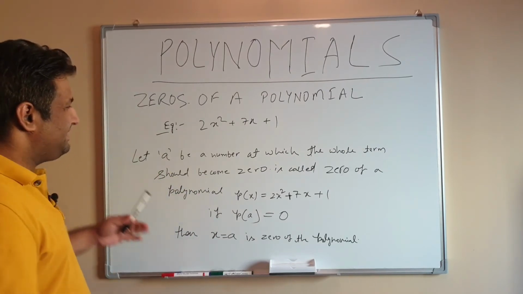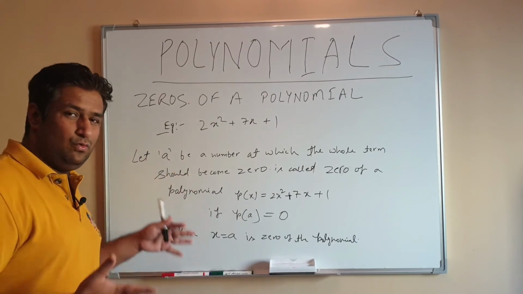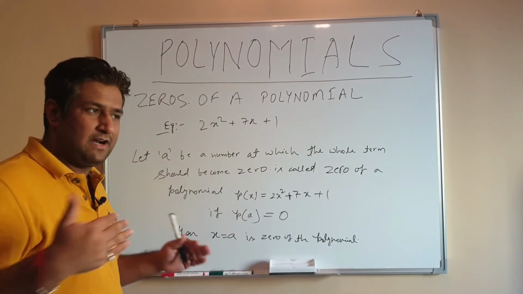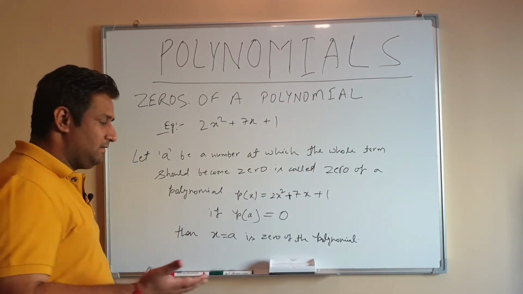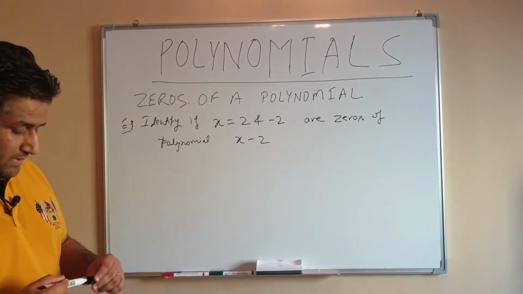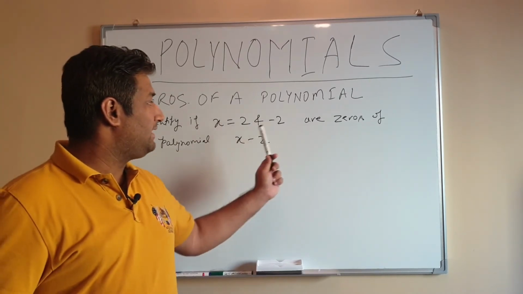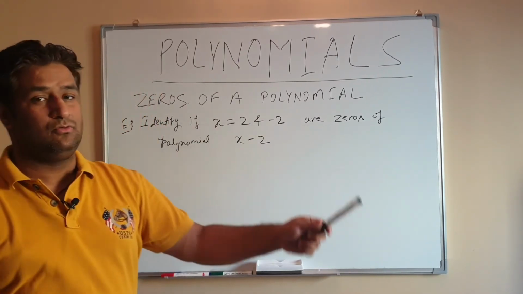Okay, so basically the definition part is, again, a very complicated thing, so we'll do some examples and I'll try to make you understand in a better way. Okay, let's do an example. So the example here is, we have to identify if x is equal to 2 and negative 2 are zeros of the polynomial x minus 2 or not.